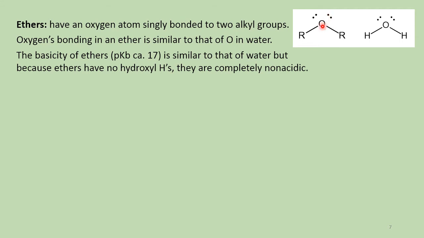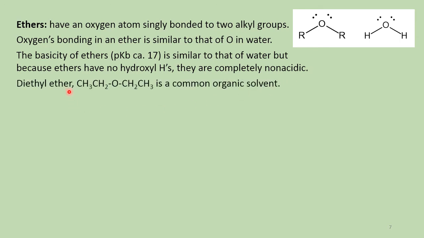However, the acidity of an ether is quite different. Ethers are completely non-acidic. Ethers do not have the hydroxyl hydrogen to donate, and as a result of that, you'll sometimes see ethers used as solvents in reactions where you're using a very strong base, which would otherwise deprotonate other solvents like alcohols, which have hydroxyl hydrogens.